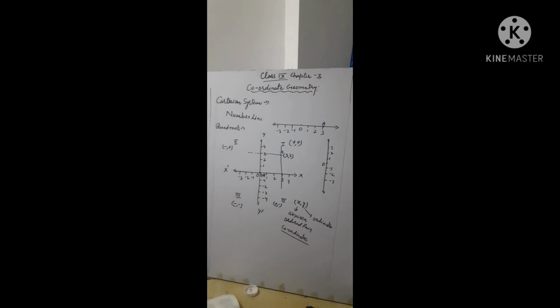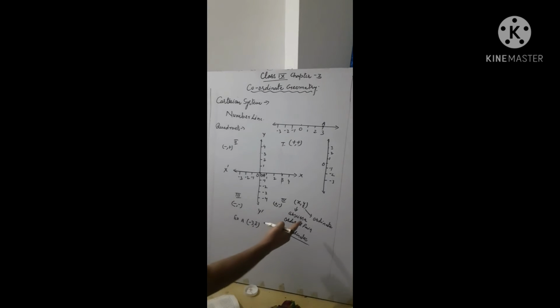Again, suppose that you have to draw a point which is given. Suppose -3, 2. You have to represent -3, 2 on the Cartesian system, Cartesian plane.